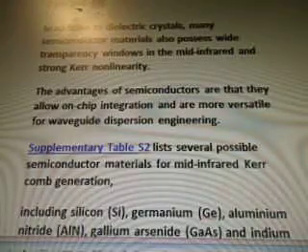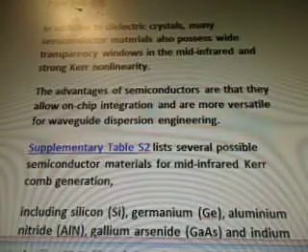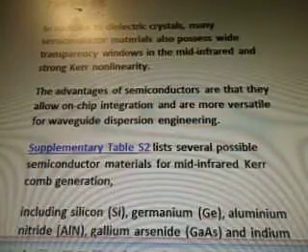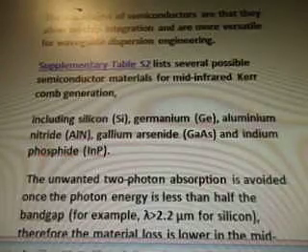The advantages of semiconductors are that they allow on-chip integration and are more versatile for waveguide dispersion engineering. Supplementary table S2 lists several possible semiconductor materials for mid-infrared Kerr comb generation.